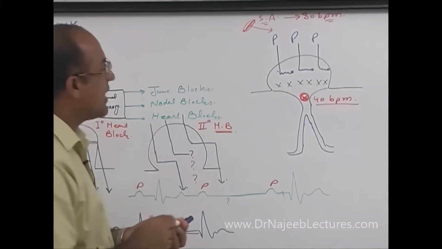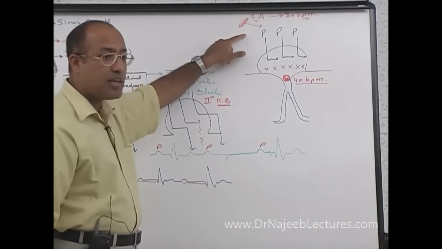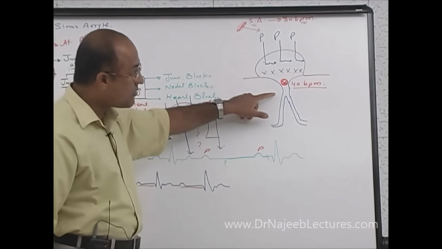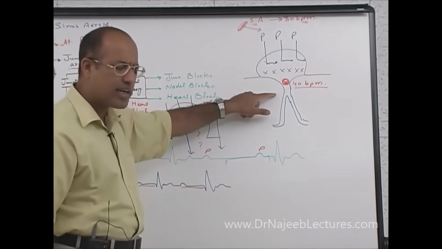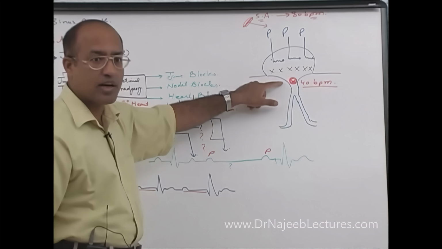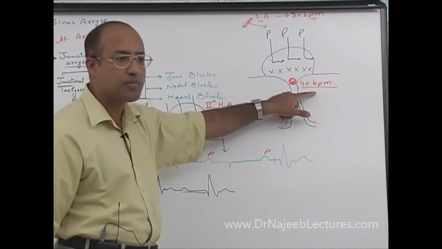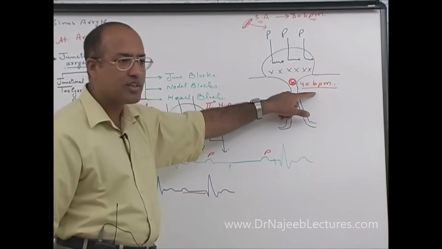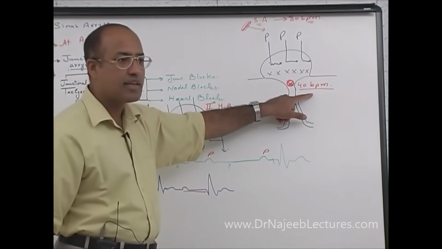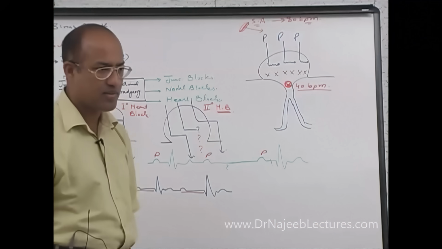So it means atrial electrical and mechanical activity will be 80 per minute, and ventricular electrical and mechanical activity will depend on the new pacemaker. If it is producing 40 currents per minute, then it will be 40 beats per minute. We say that now atrial and ventricular activity is dissociated from each other.